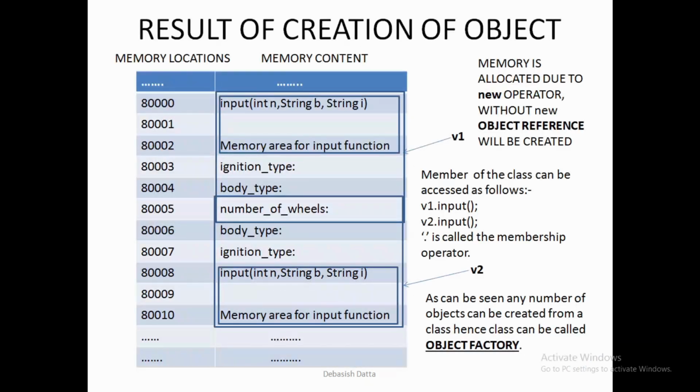Obviously the RAM of a computer is limited, so practically the number of objects that we can create is limited by the amount of main memory, or RAM, available in the particular computer machine. Theoretically, any number of objects can be created from a class. Hence the class is also known as an object factory.